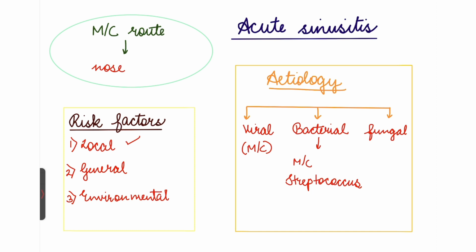Then we can have nasal allergy, which causes allergic rhinitis. General factors include low immunity, immunocompromised, malnourished patient, diabetes mellitus, and smoking. The example for an environmental factor is swimming in contaminated water.